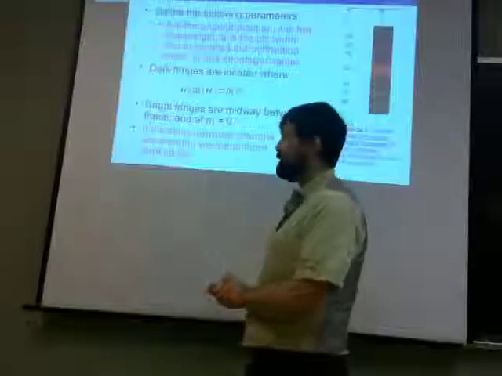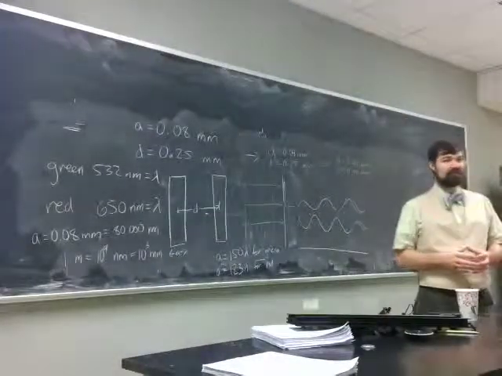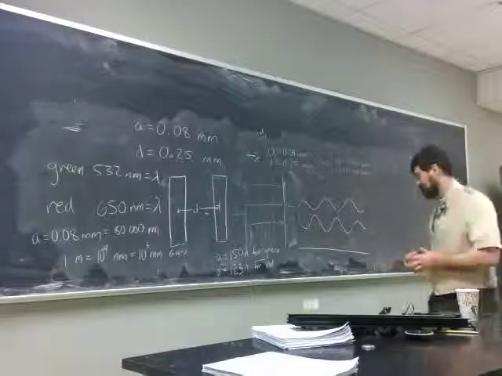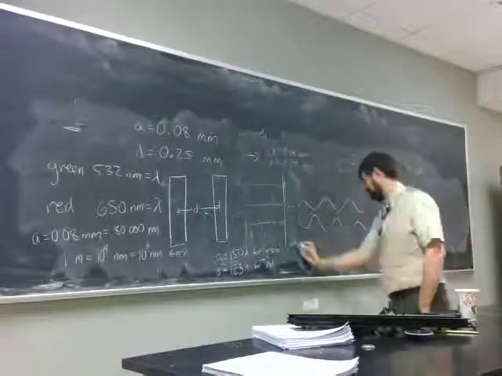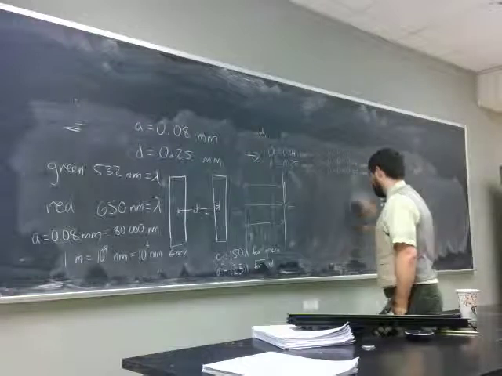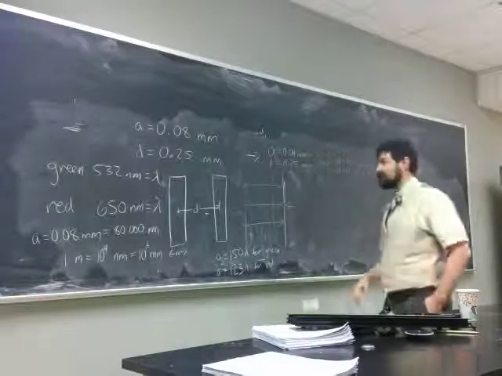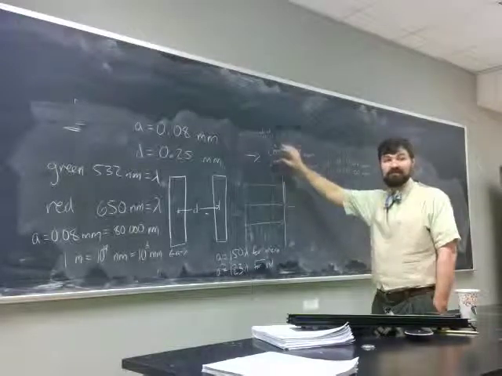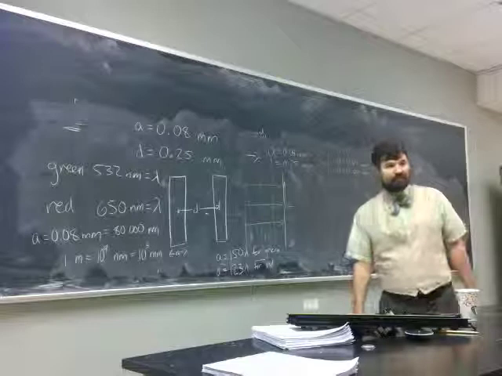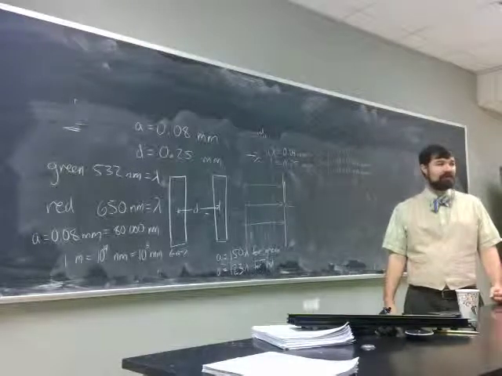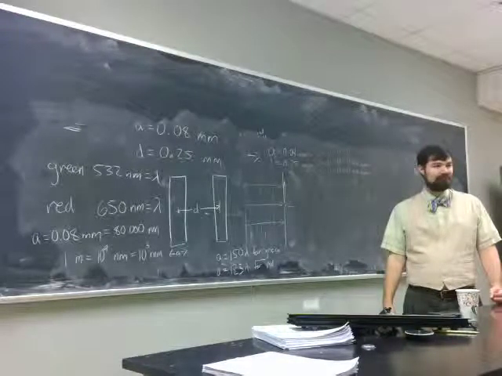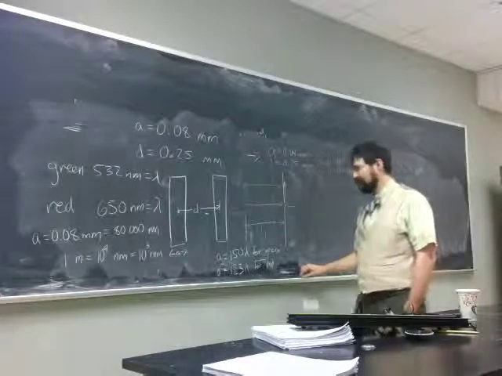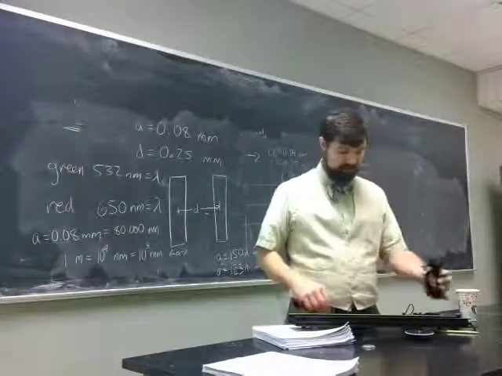Another thing to notice on this equation, it predicts all the things that we saw in the demo this morning. Okay, first thing that we saw was what happens if I change the slit. It doesn't predict anything with slit spacing, but slit width. If I double the slit width, what happens to the number of fringes? I need to plug it in and show it again.